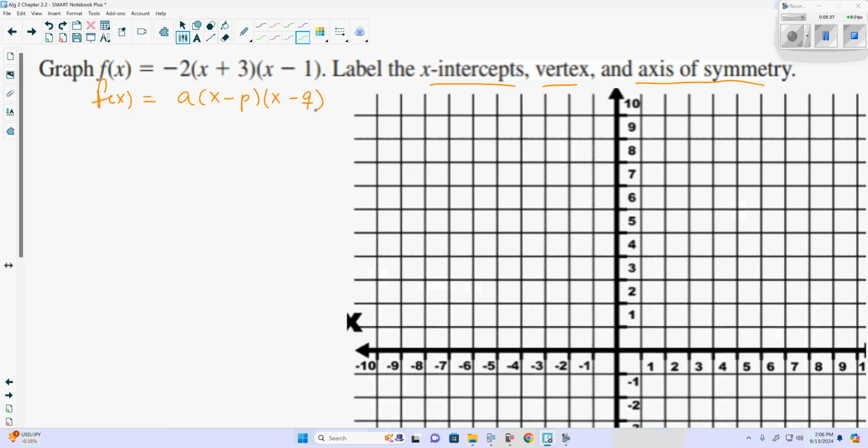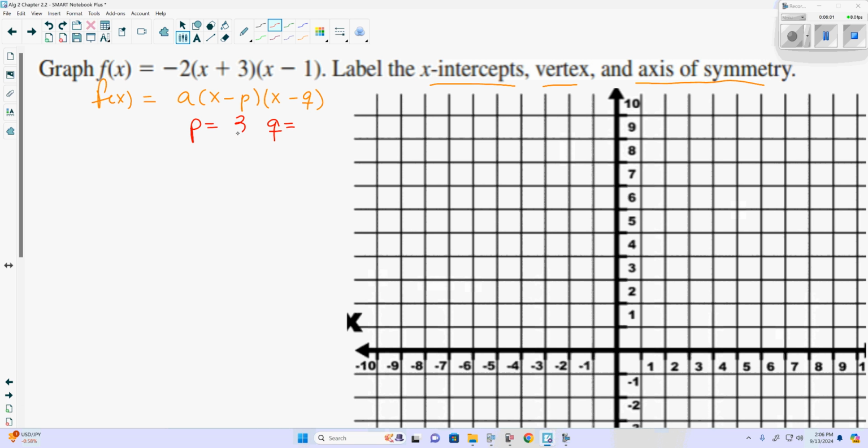So if we line this up with the general form, our general form is a times x minus p times x minus q. First thing we need to find is the value of p and the value of q. So let's look at that there.